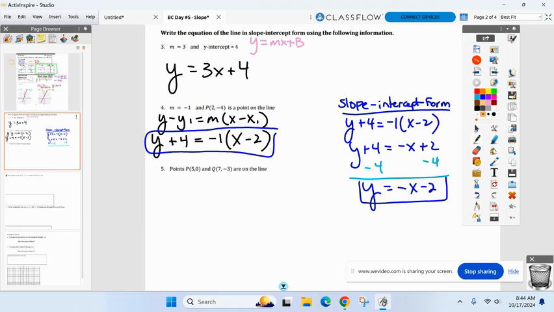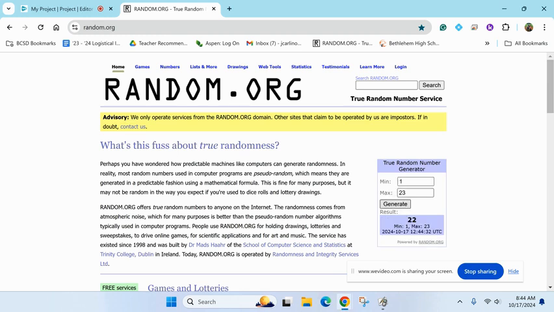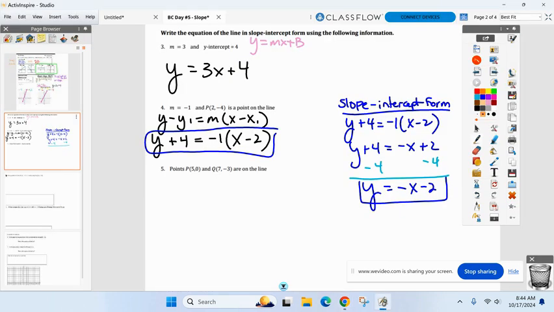Any issues there? Ooh, we've got a decision to make with this last one. What method is the best? Izzy, back to you. What am I giving here in number 5? 2 points. I don't have a 2-point form, do I? I have slope intercept, and I have point slope.